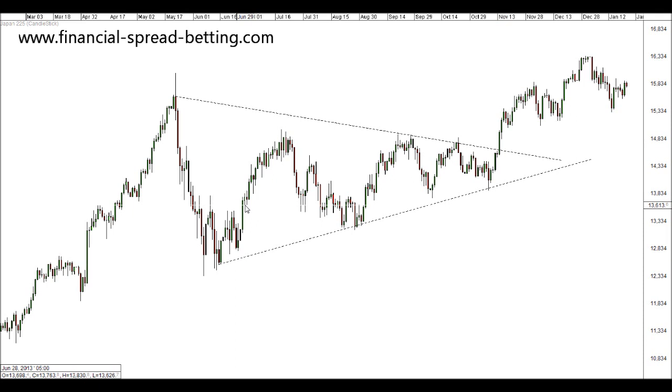For example, with this triangular ABC correction, we know from previous videos that we can trade the breakouts of these support and resistance areas. The resistance is clearly broken by this candle here, signalling that we could go for another push on the upside, and currently we are.